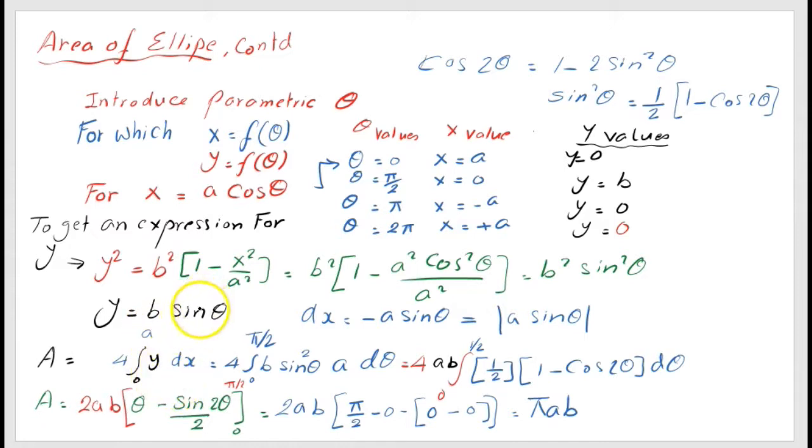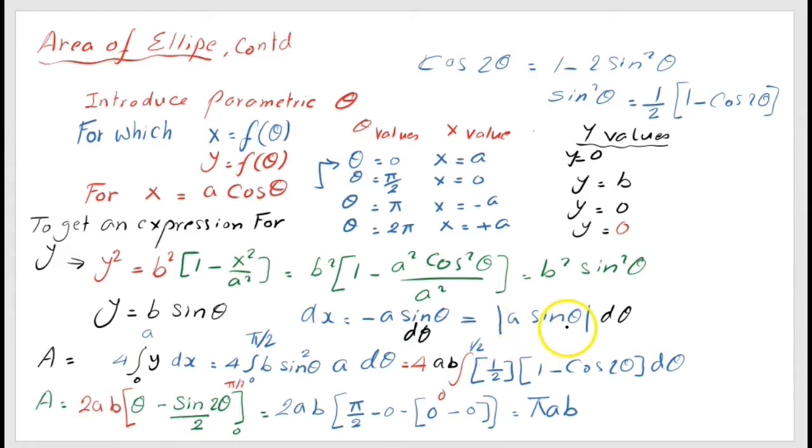So our y is b sine theta, and for dx, we have to differentiate x. In that case, our dx will be minus a sine theta d theta. But we are going to take the absolute value of that one, because the multiplication of the minus by the positive would become a negative value, and of course the area should be positive.